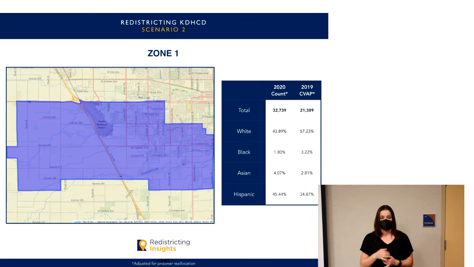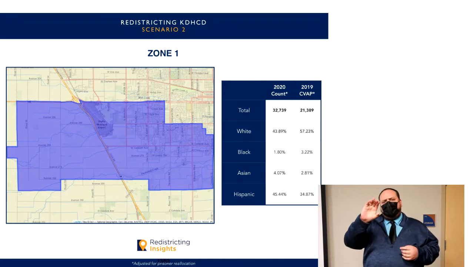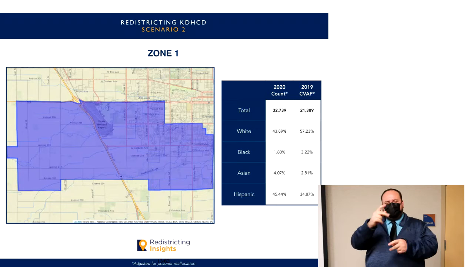And then finally this southwestern district that takes in the southern part of the district, labeled as District 1. This one is negative 1.14% under for deviation and 34.87% Hispanic CVAP.